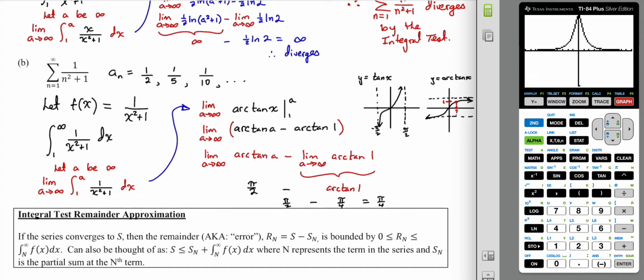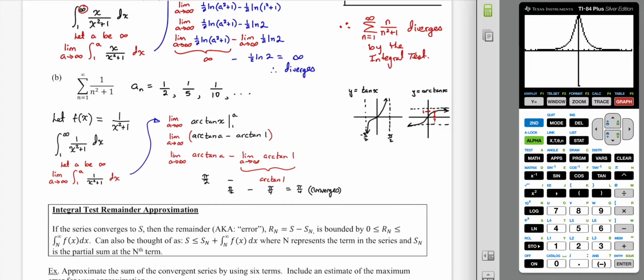Therefore, we would have to say that the sum from n equals 1 to infinity of 1 over n squared plus 1 converges by the integral test. And the more you take up space like I do, the more you have to find room to squeeze stuff in, which is where an app is really useful.